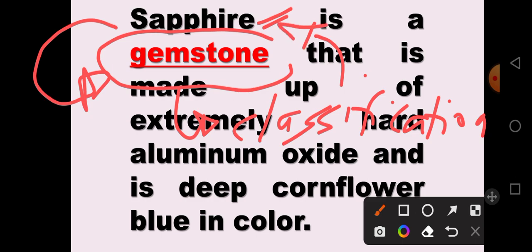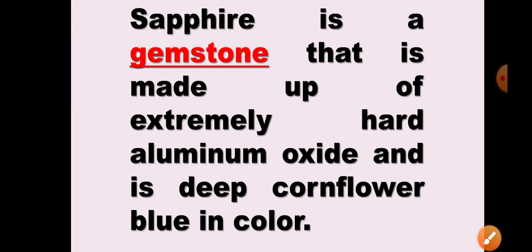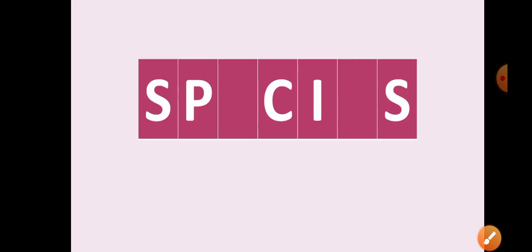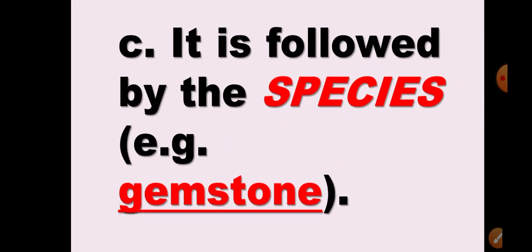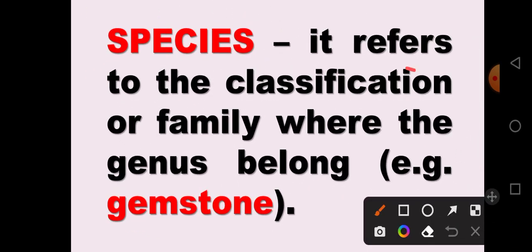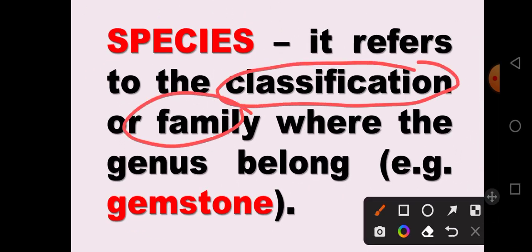The classification of the genus is known as the species. The linking verb is followed by the species. The species refers to the classification or family of the genus. This is where the genus belongs.